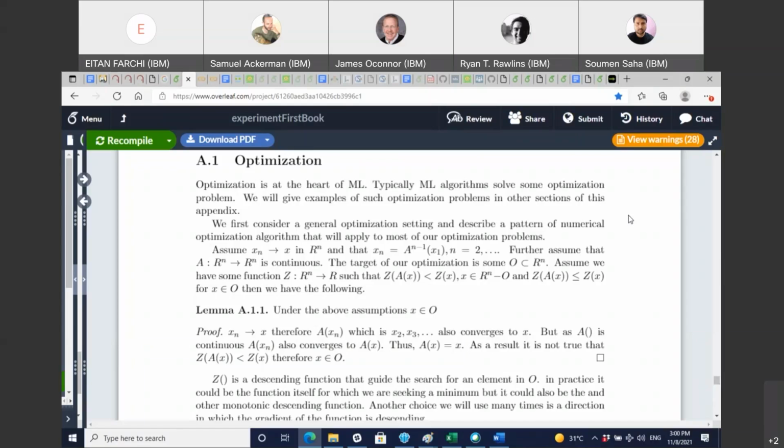So in order to build some intuition about optimization problems, I'm going to go through a very general statement about optimization that we'll see will be helpful later on to frame a lot of the things that happen in search, in numerical search algorithms that have to do with optimization.